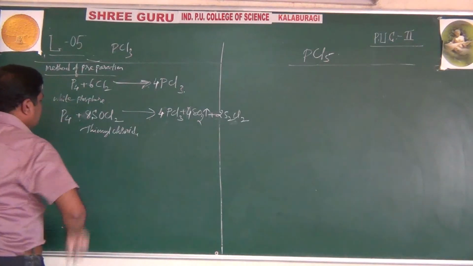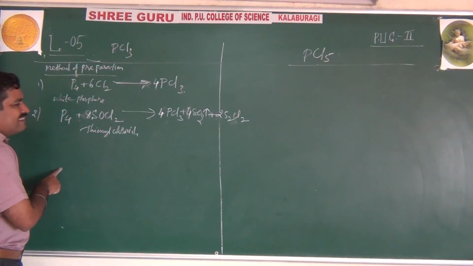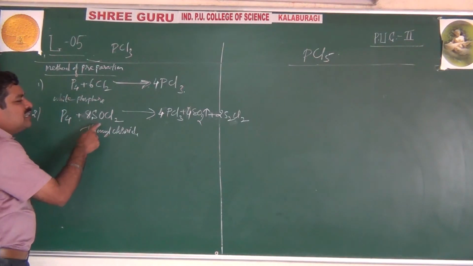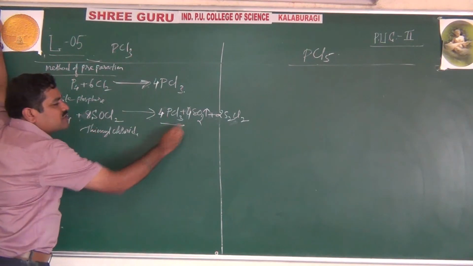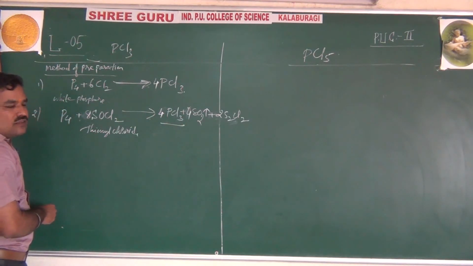This is balanced. Phosphorus reacts with thionyl chloride and gives phosphorus trichloride, PCl3.